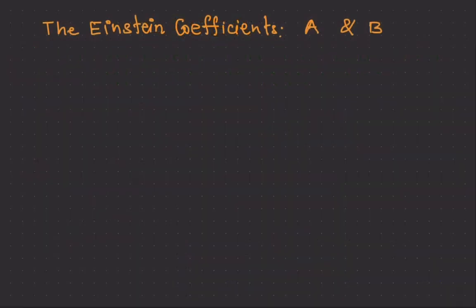Now, let us discuss the Einstein coefficients A and B. This is the lower level N1 and this is the higher energy level N2. This has energy E1 and this has energy E2.